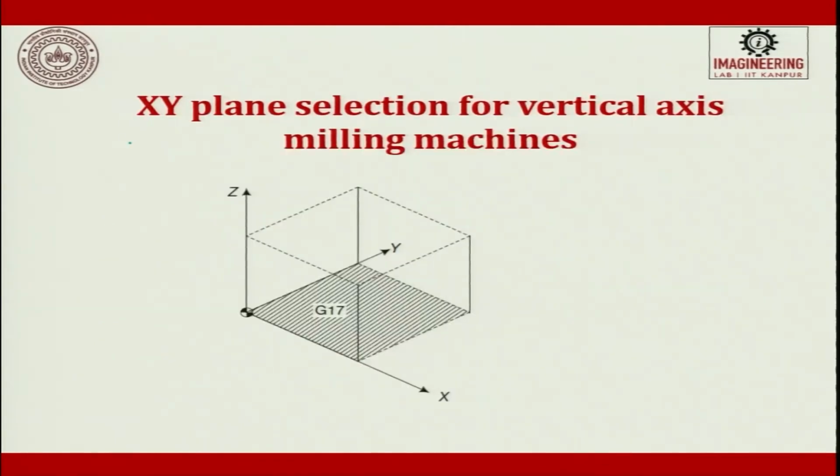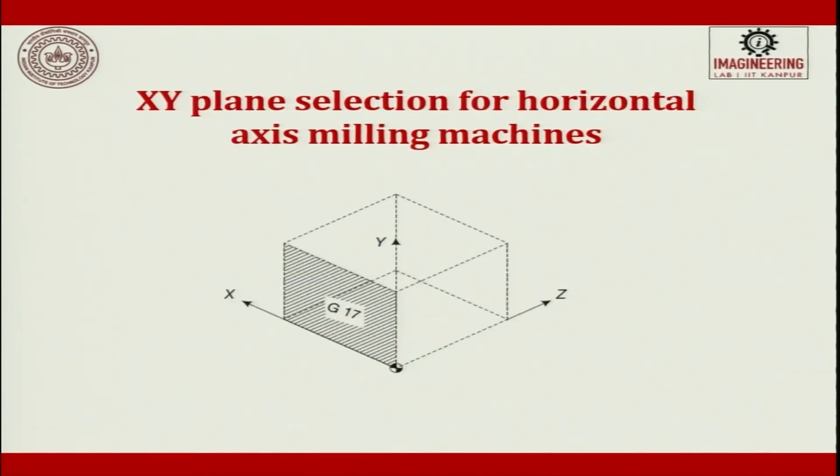So, this is the XY plane. Now we are going to see the G16, 17, 18 planes. This is XY plane selection for a vertical axis milling machine. This is the G17 code, which is used for an XY plane. This is the XY plane selection on a horizontal axis milling machine. Please see the difference.